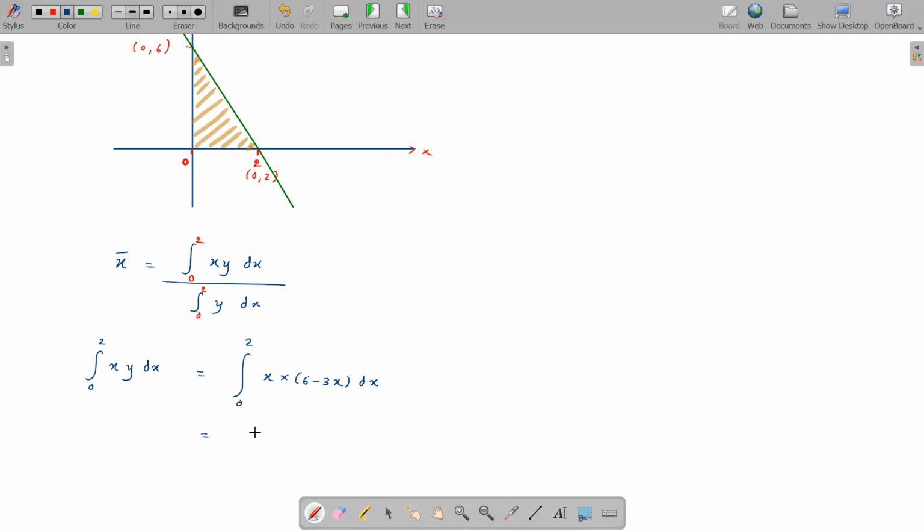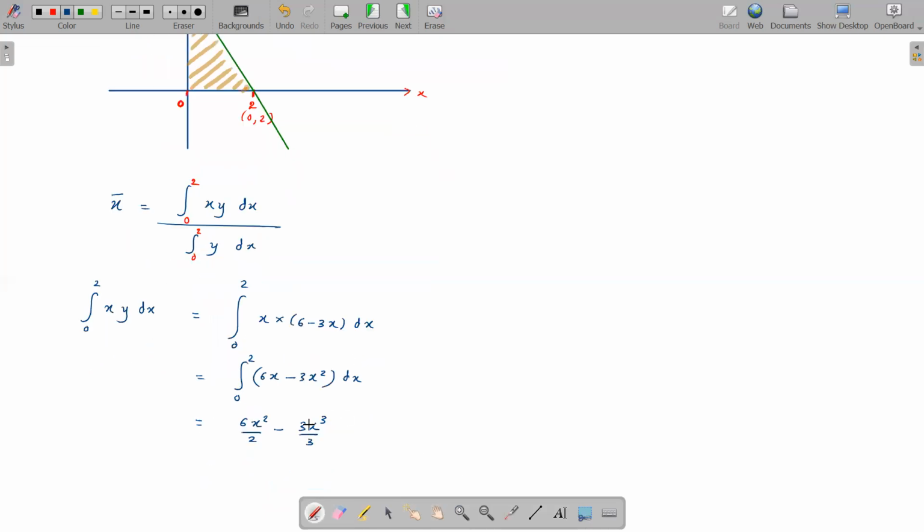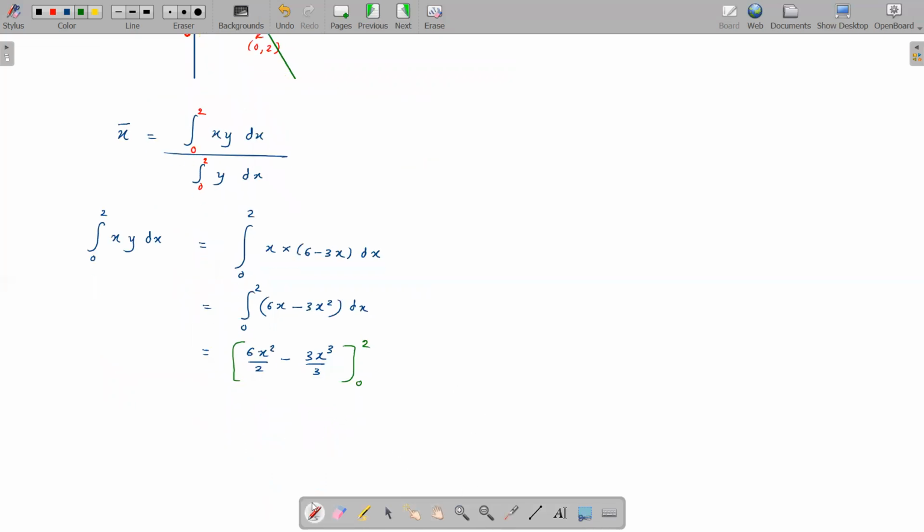So let's integrate. 6 into x is 6x minus 3x squared. We still didn't integrate, we just expanded the bracket. Now let's perform the integration. I have here 6x squared over 2 minus 3x cubed over 3, and our limits are from 0 to 2. So guys, input the limits and get the answer.